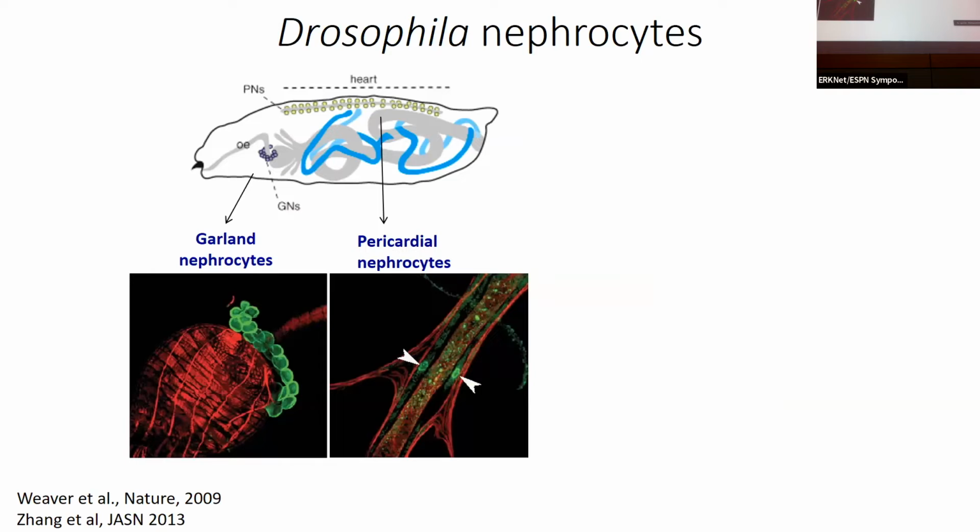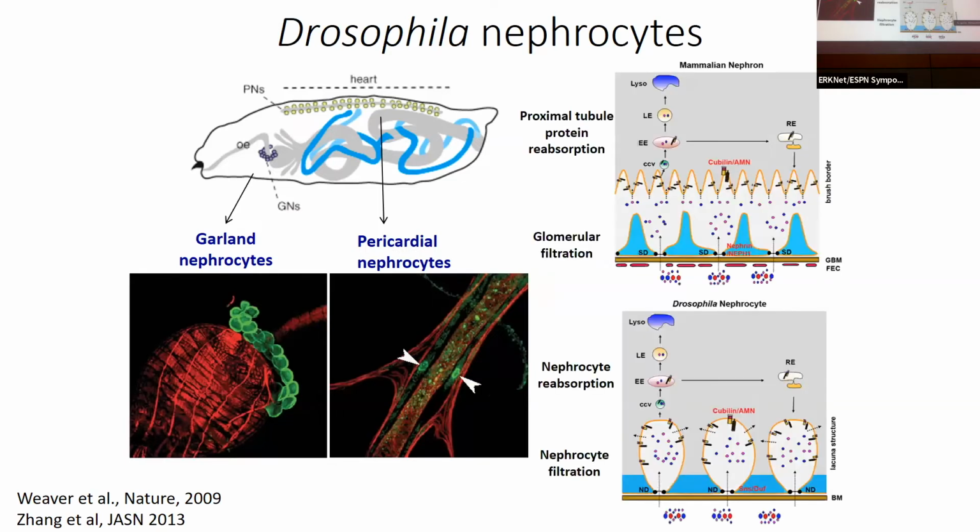These are round cells that cluster around the esophagus, and they are actually hybrids of podocytes and proximal tubular cells. So they have both slit diaphragms here at the outer surface for the filtration of the hemolymph, and then they have the protein uptake machinery consisting of cubilin and amnionless. So they're basically presenting both features of the proximal nephron.